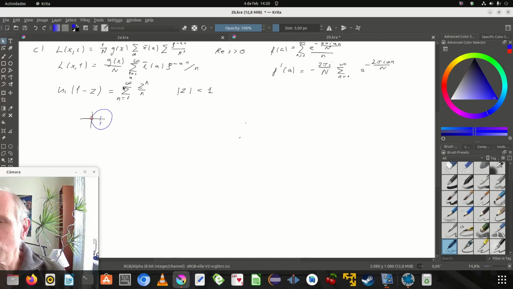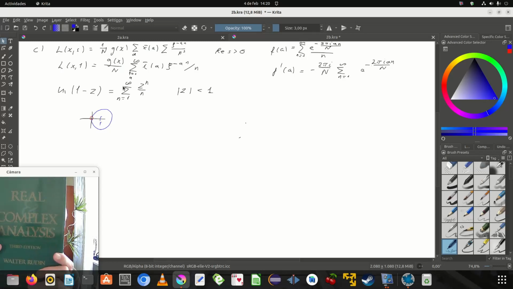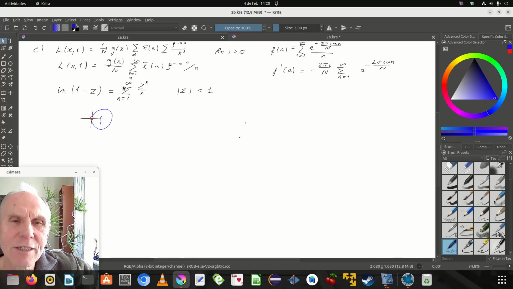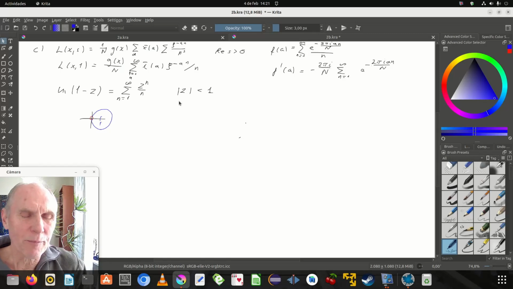I actually looked through this book by Rudin, Real and Complex Analysis, to see if there was an exercise dealing with these problems. I didn't find it really. I found something that looked a little like it, but it was as if they didn't concern themselves about the convergence. Never mind. Let's assume that it converges on the blue part of the boundary.